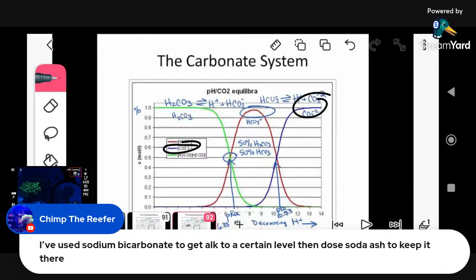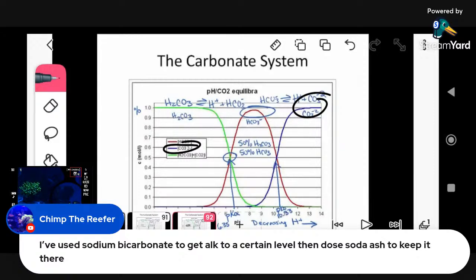Hold on, soda ash. You guys know it as soda ash. I know it as sodium, what's it called? Sodium carbonate. See, sodium carbonate, Na2CO3.